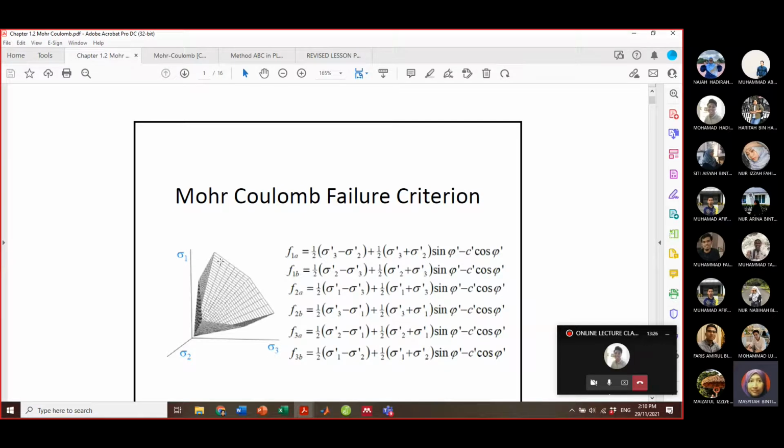So the stress point presented in three dimensions tells you the yield criterion from 1A, 1B, 2A, 2B, 3A, and 3B. 1 represents principal normal stress 1, and principal normal stress 2, and principal normal stress 3. So the yield criterion for each location of the stress point is given by these equations.